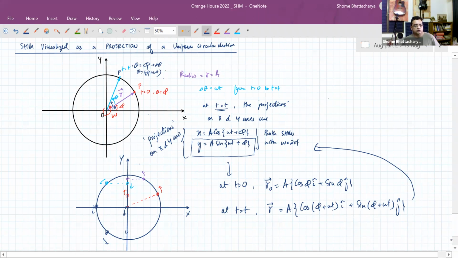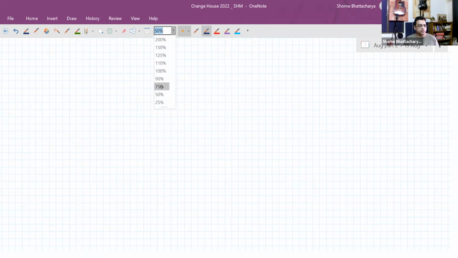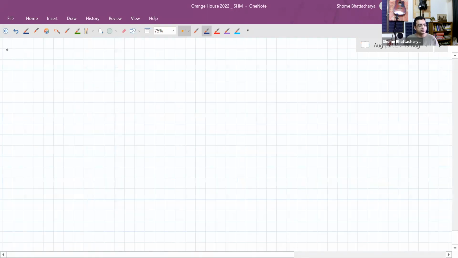Okay, so let's see how we can use this concept to solve the previous question's phase constant. It's very effective. See, in that question, it was given that our initial position was minus a by 2 and our initial velocity was positive.